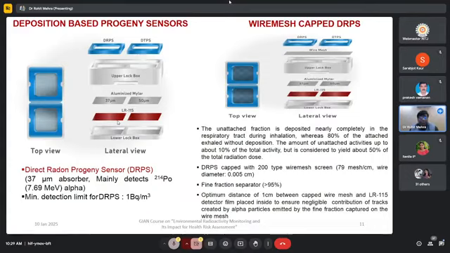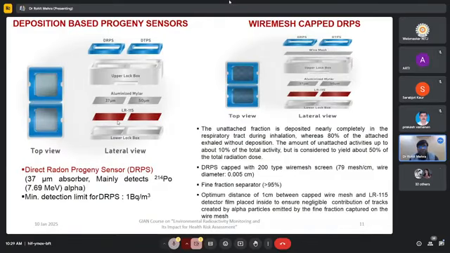And then this mylar film of thickness 37 micrometer was used in case of DRPS, where the alpha of the order of 7.69 MeV was absorbed, and then it was allowed to fall on the LR115, so that it comes into the sensitivity range of LR115.